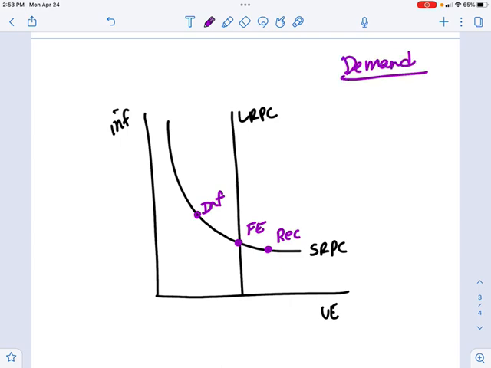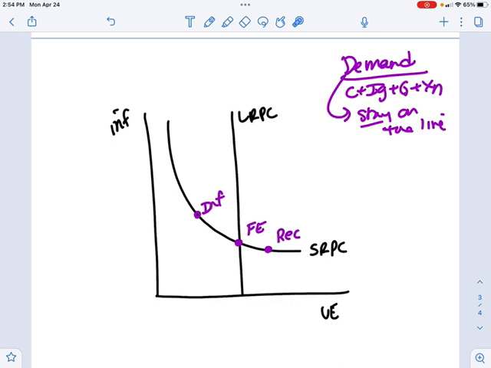If we have a demand shift, remember that's anything in C plus IG plus G plus XN, we stay on the line. So if we had a demand shift, we'd be sliding to the right or to the left on the curve to show that same inverse relationship as the demand curve.